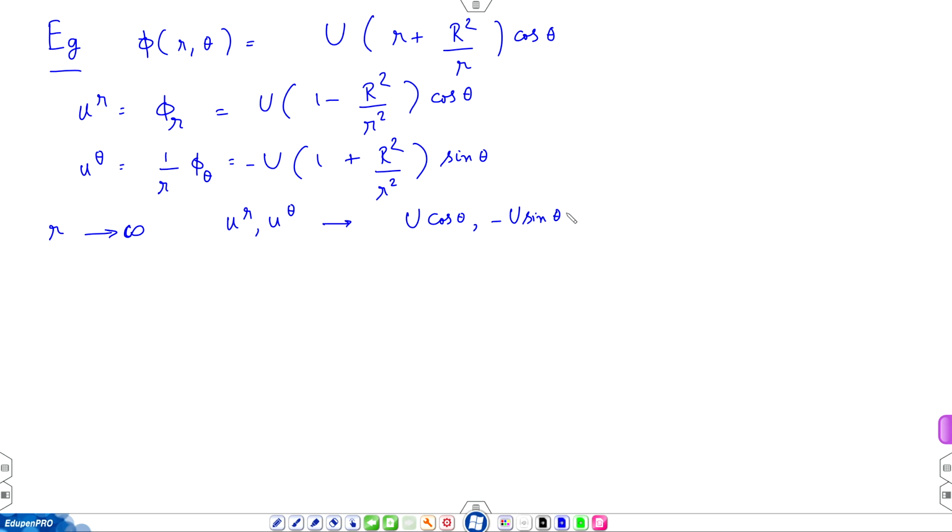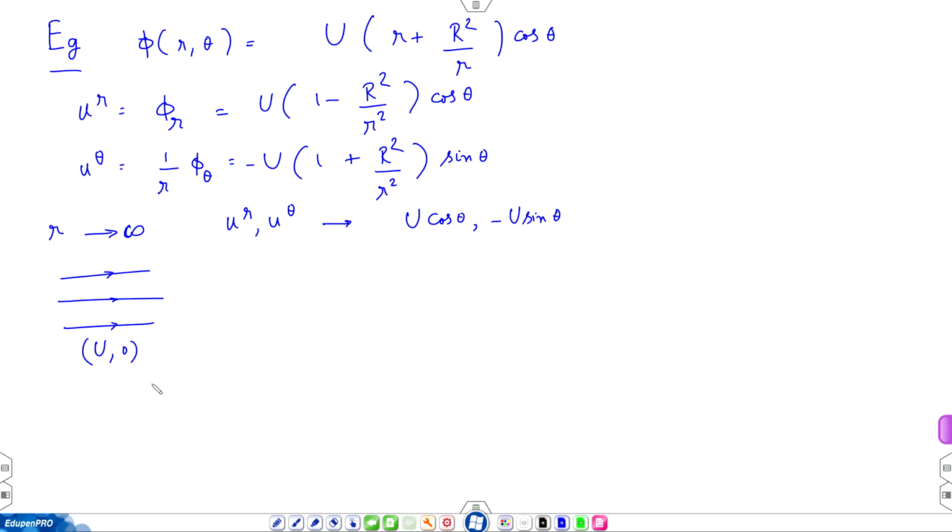Right. U r and u theta approaching U cos theta and minus U sin theta represents uniform flow. If this is the flow field, these are the velocity components in r and theta directions. So, this is far away from the origin, and the origin is where we propose to disturb the flow.